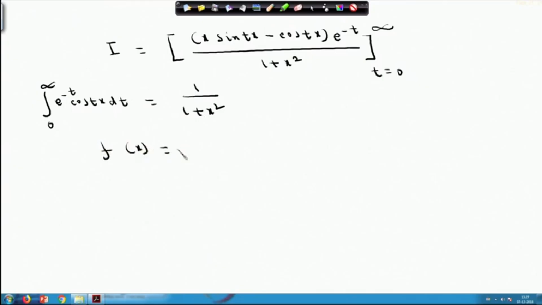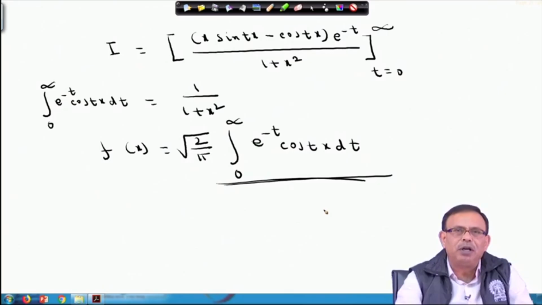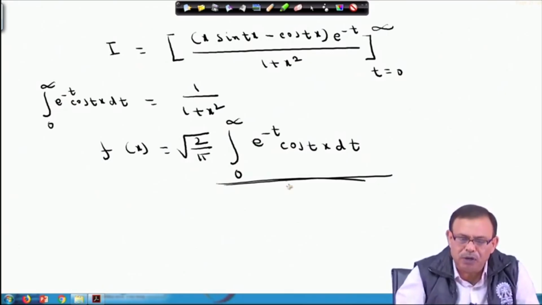F x is root over 2 by pi, root over 2 by pi will come into this integral 0 to infinity e power minus t into cos of t x dt. And this value you already know, that is 1 by 1 plus x square. So you can obtain the result 1 by 1 plus x square into this quantity.